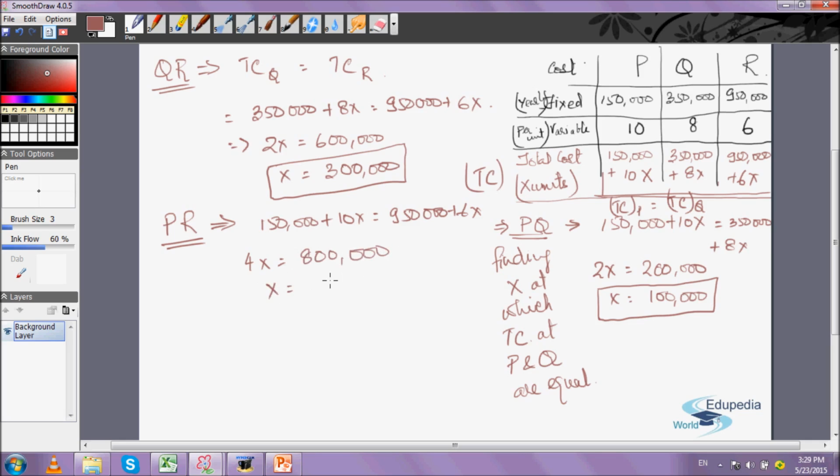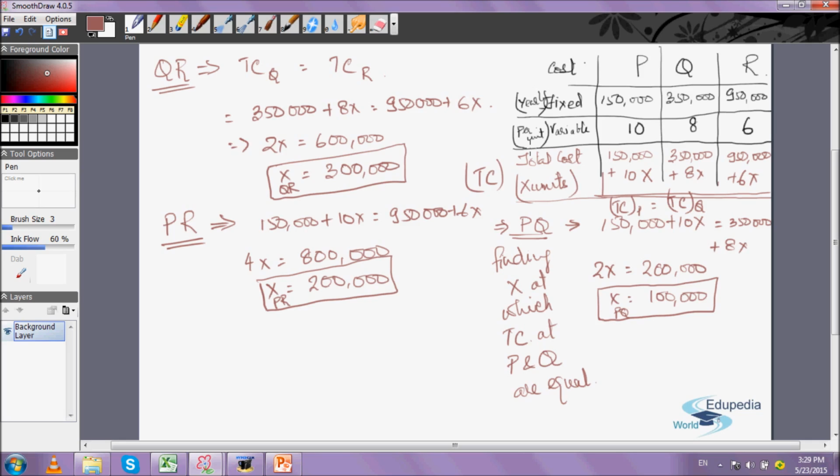So from here we get the value of x, 8 by 4 is 2, that is 200,000. So now we have got three values of x. This is the value of x for P and Q, this is the value for Q and R, and this is the value for P and R. These are the three break-even points we have got.